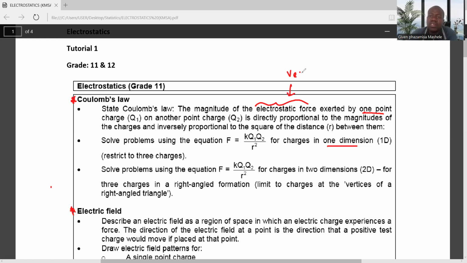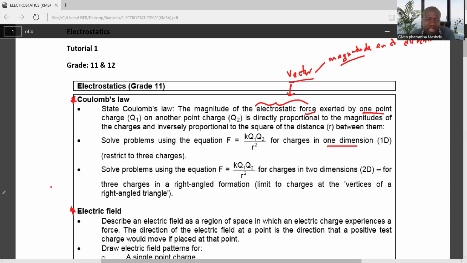In terms of vectors, it's a physical quantity that must have both magnitude and direction. So electrostatic force is an example of a vector.